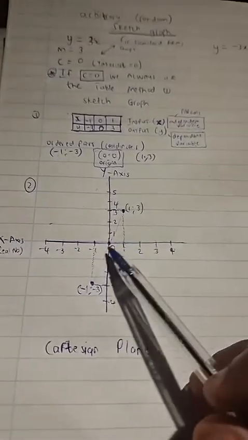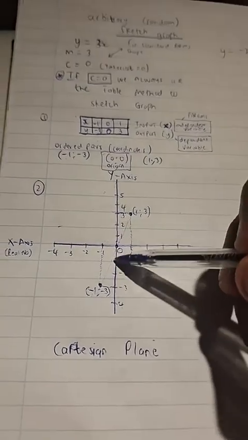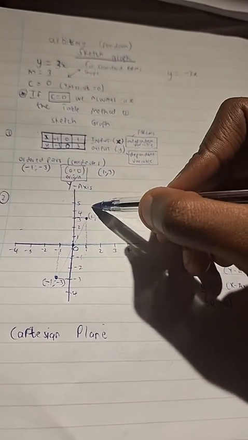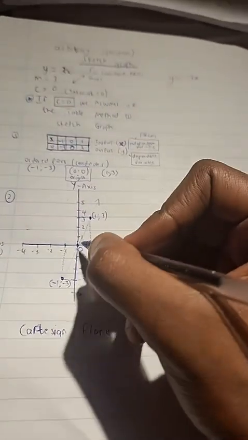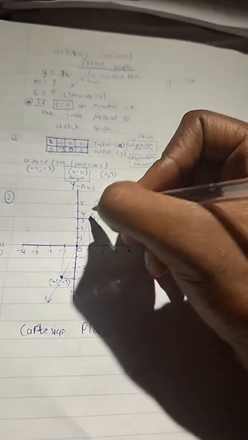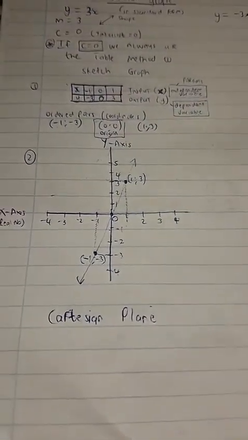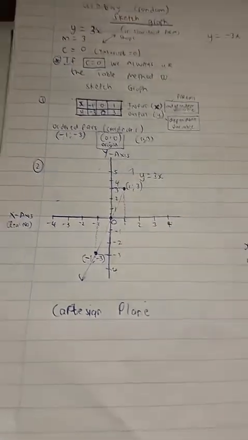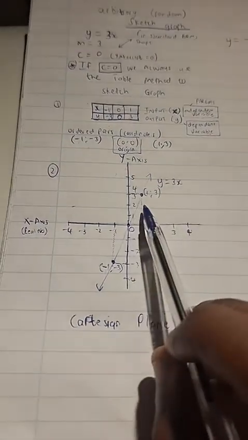And please, guys, we use a ruler. We connect this. Use a ruler, please. And extend it further. Draw a straight line there at that end, just so that people can see. And there it is. Then you label it: y is equal to 3x. Done.